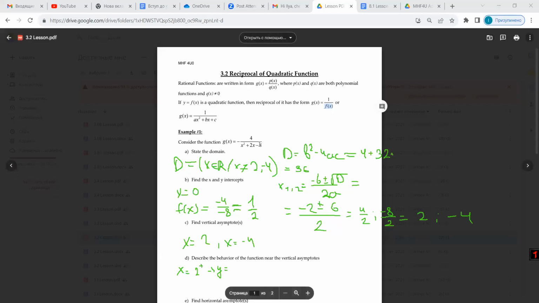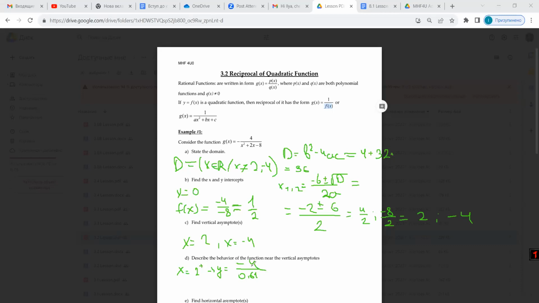It will be 8.61 minus 8. So I'm going to get basically -4 divided by 0.61.